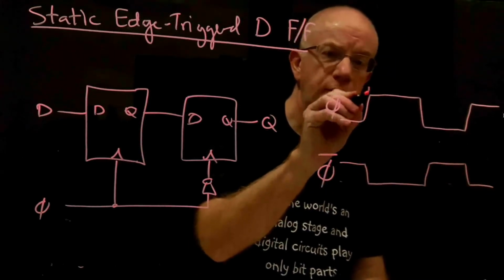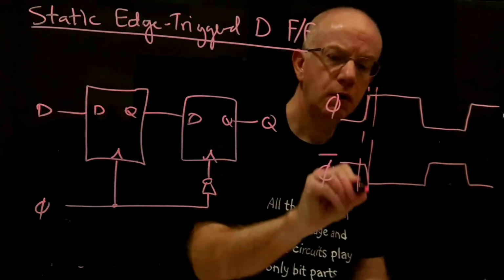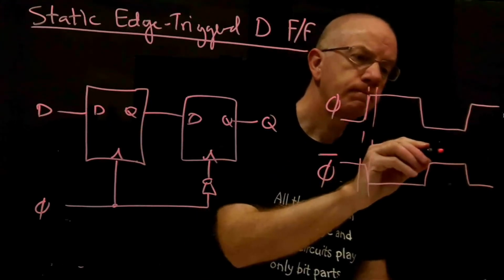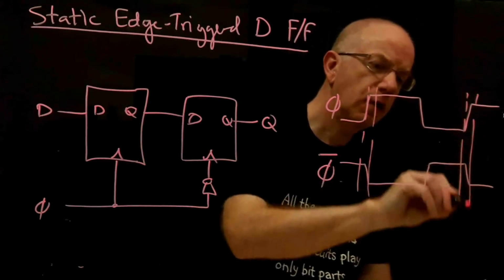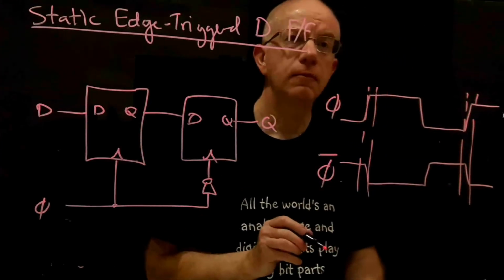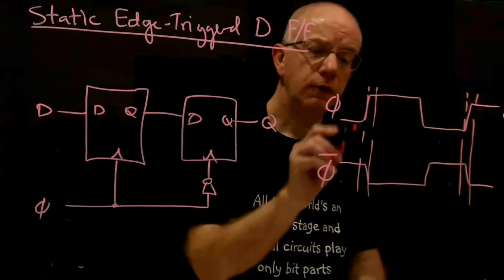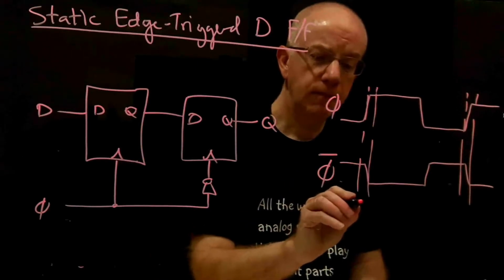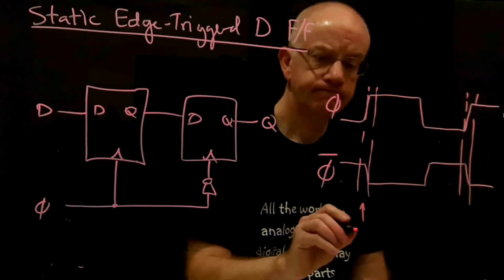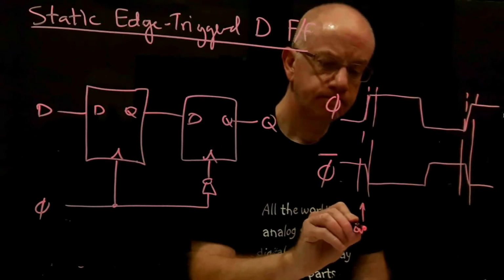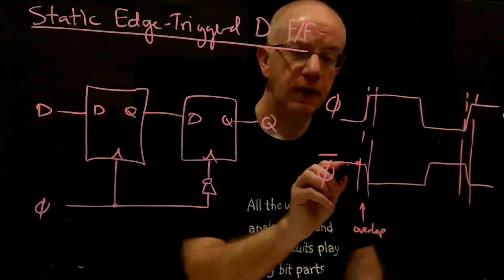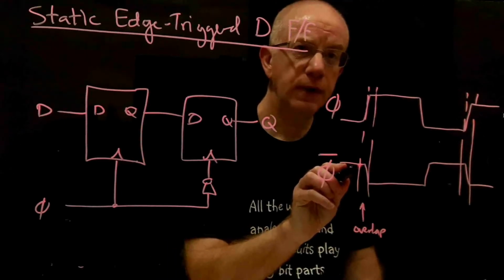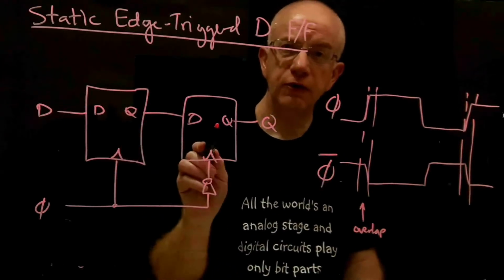Right, so there might be some finite period of time where phi has gone high, but phi bar has not gone low yet. And during this brief period of overlap between phi bar and phi both being high, both of these latches are transparent.